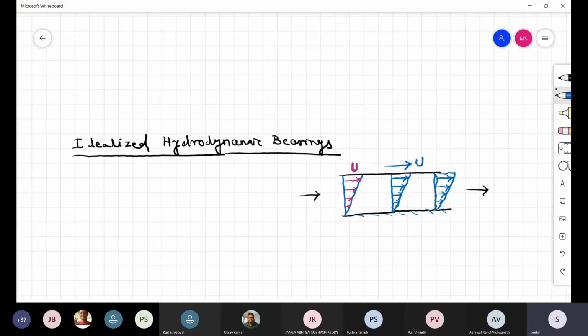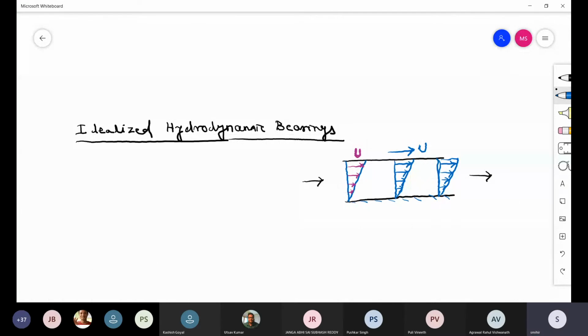Now let us see what we get if we incline one of the surfaces. So the top surface is inclined, let us say.